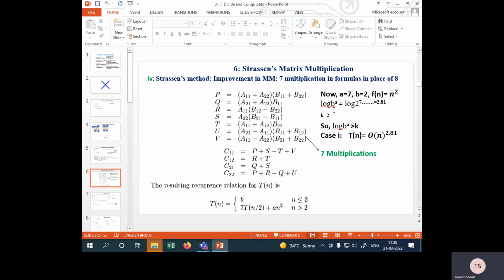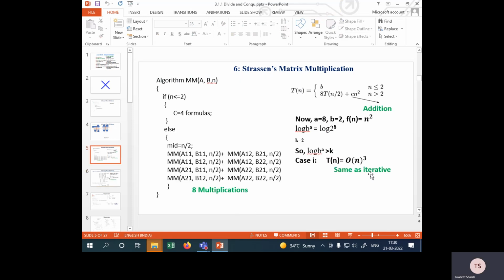So log a to the base b is greater than k. 2.81 is greater than 2. So the time complexity this time will be order of n to the power 2.81, that is, n raised to the power log a to the base b that we found. In the previous case we were getting the order of n cube.